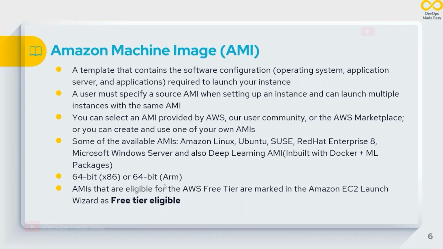For someone working on IoT devices where the CPU architecture is ARM, they can create instances of that architecture. Understood? Only some AMIs are eligible for free tier, some are paid ones. Of course, you can also create your own AMI, which is like creating your own operating system.